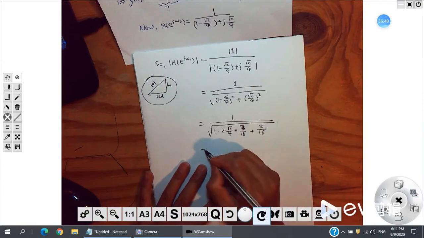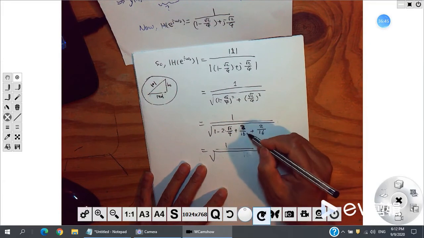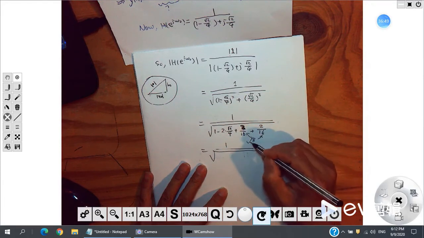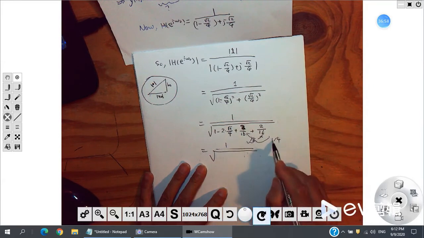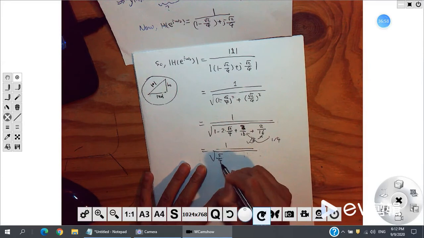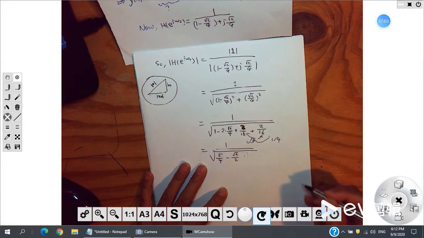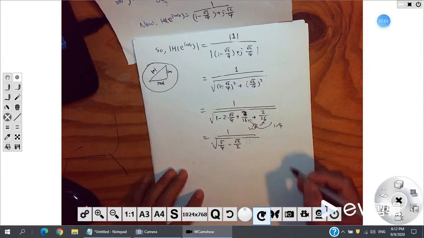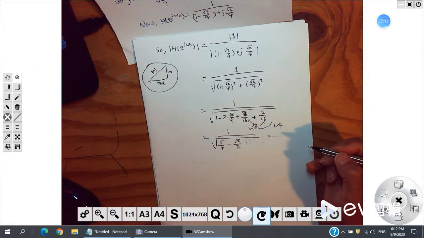So this is 1 over the square root of 1/8 plus 1/8, and these two terms sum to 1/4. 1 plus 1/4 is 5 over 4, minus square root of 2 over 2. Okay, you can leave it here. If you have a calculator, you can find the value. I just leave it here.